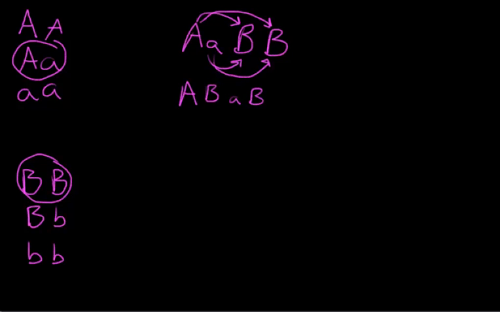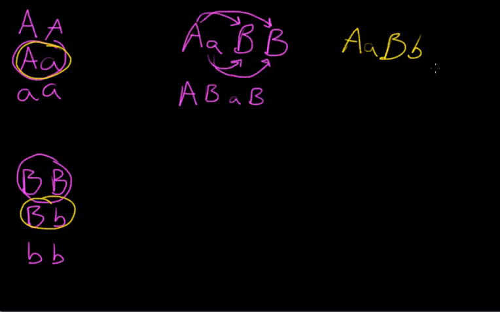Now let's pretend that we have another individual, and they are also heterozygous for A, so they are big A, little a, and they happen to be also heterozygous for B, so they're big B, little b.